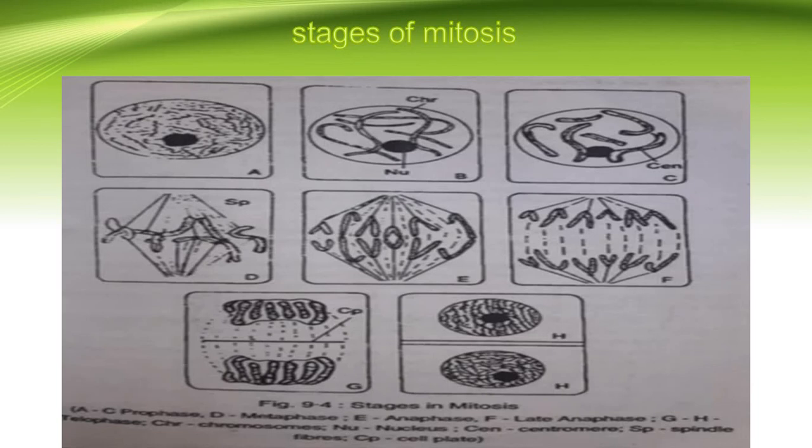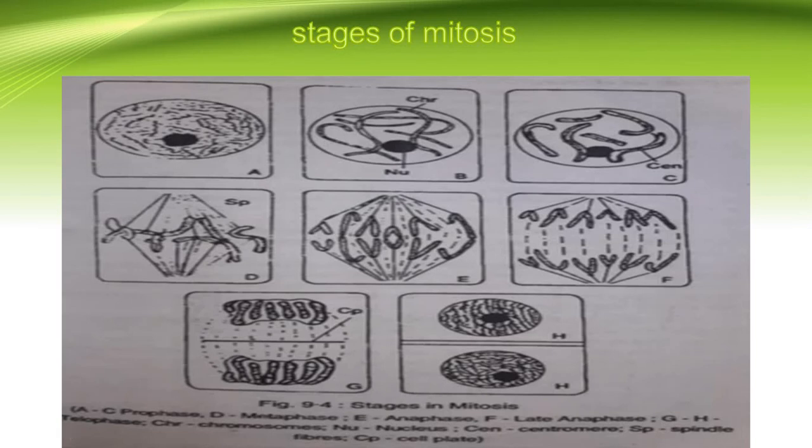You can see these chromosomes have started moving away from the center. The center we call the equator, and the corners or edges we call poles. You can see here they have moved near the poles.